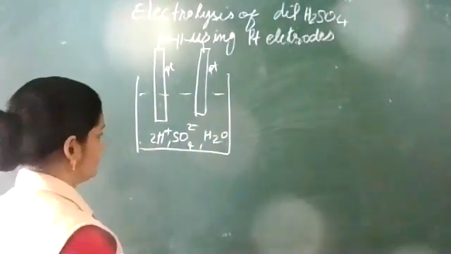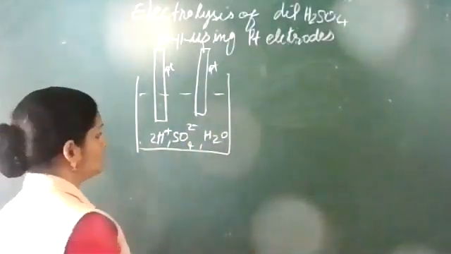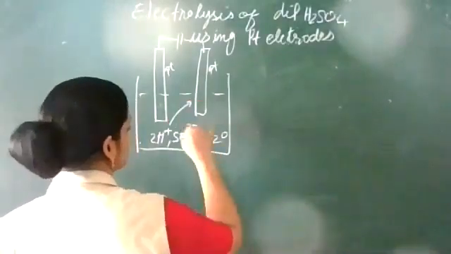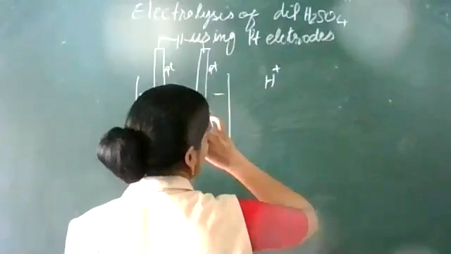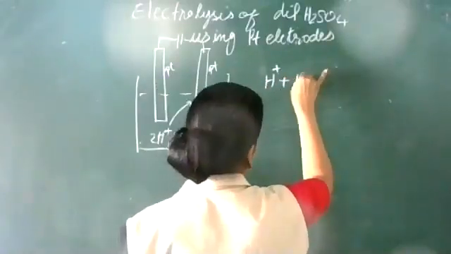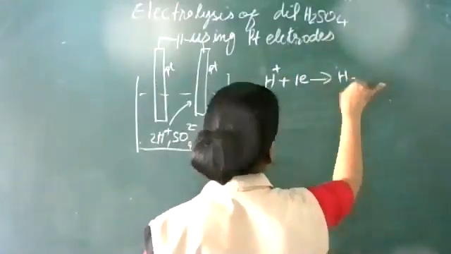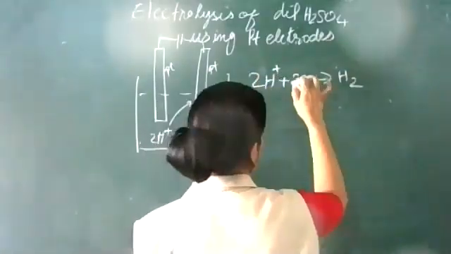Cathode. At the cathode, what all can go? H plus can go and water can go. At the cathode, H plus undergoes reduction: H plus gains one electron to give H, and two electrons to give H2.